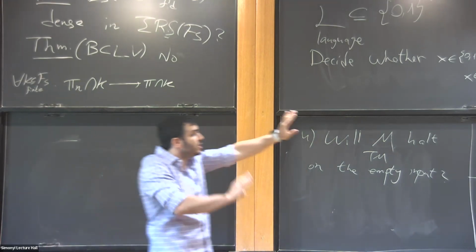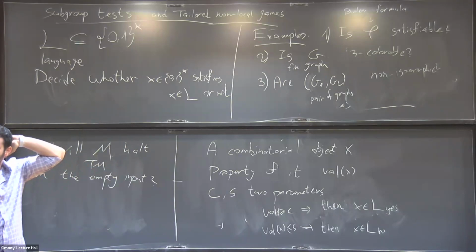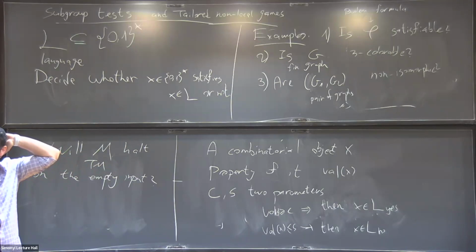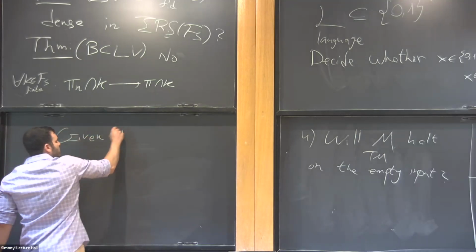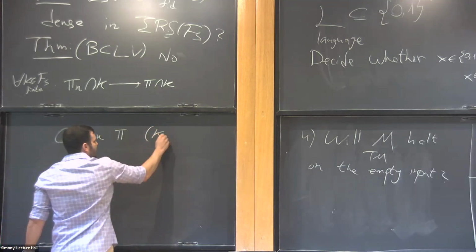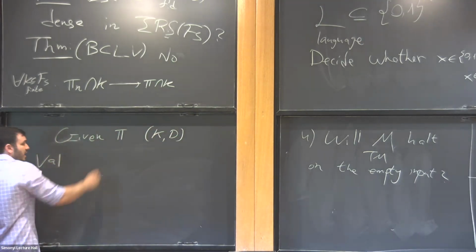I define it without any prover-verifier thing: the value of D on some distribution pi is this probability. Let me just write it. So given pi and the challenge KD, the value, pi is an IRS.